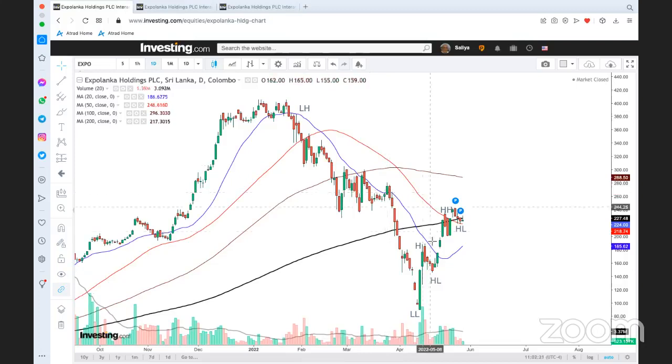But that doesn't mean that this is a trend confirmation of an uptrend, right? We have to always go by the breakouts, and most importantly, the breakouts we see in the prices and the breakouts the prices are doing against the moving averages. So when you see the 20-day moving average is broken, right? That's a confirmation of an uptrend.